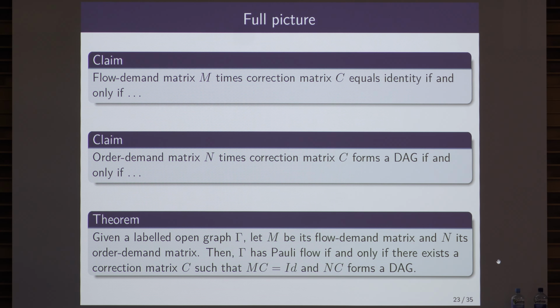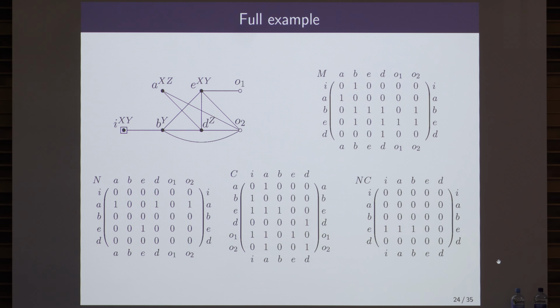And because of that, we can get the full theorem, which is that given a labeled open graph, if we say that M is the flow demand matrix and N is the order demand matrix, then a polyflow exists if and only if MC equals identity and NC is a DAG, where C is some correction matrix. So here is the full example.